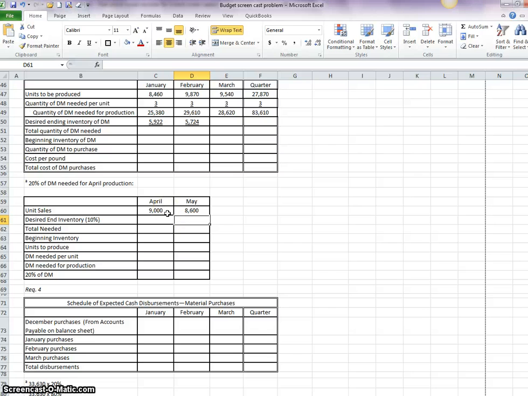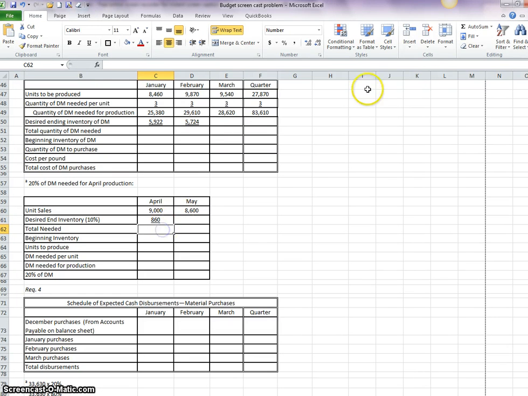Alright, so now the desired ending inventory. Now what we're doing is the inventory in terms of units. So remember, for April, we want 10% of May. So equals 10% times May's sales.